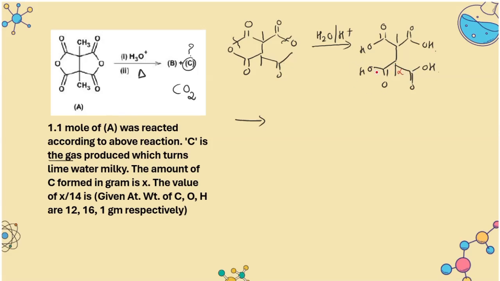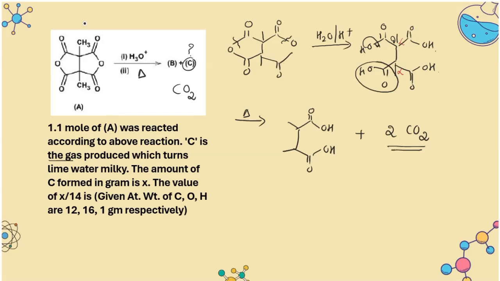The alpha carbon having a carboxylic acid means this can easily undergo decarboxylation upon heating. So this will undergo decarboxylation. You can show it like this also. So you are going to get a dicarboxylic acid, something like this, and you're going to get 2 moles of carbon dioxide, one from here, one from here.